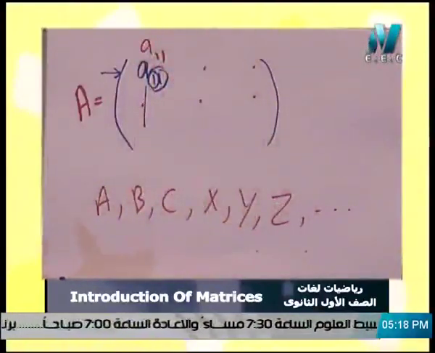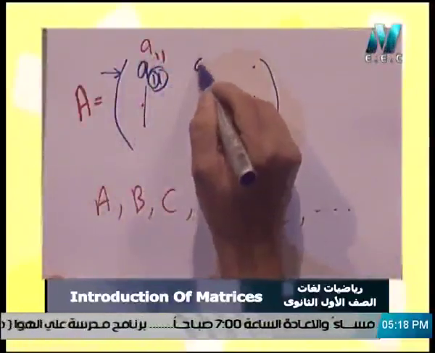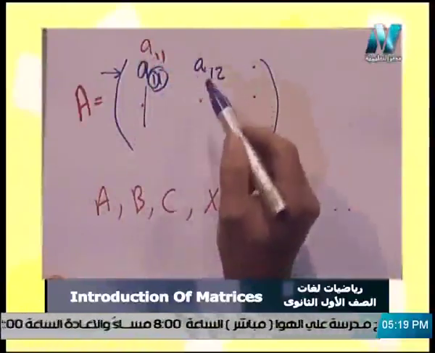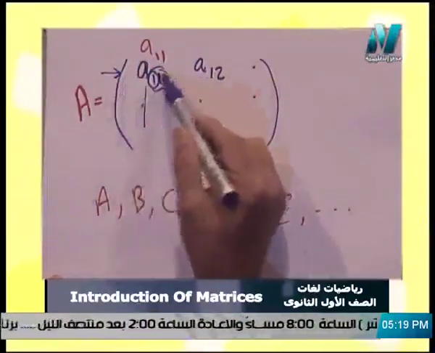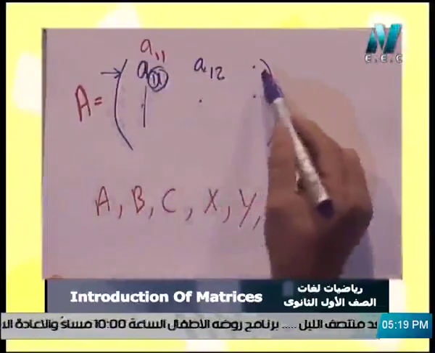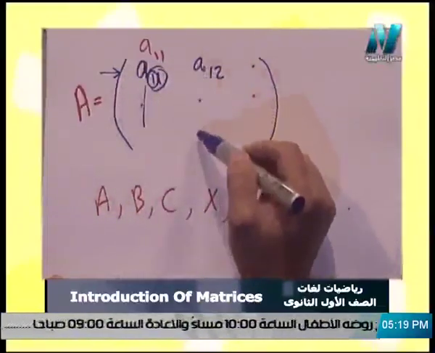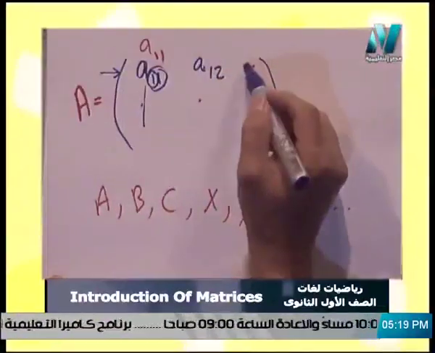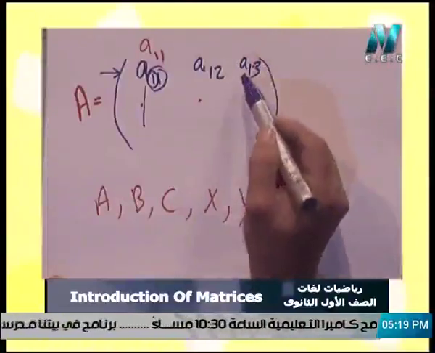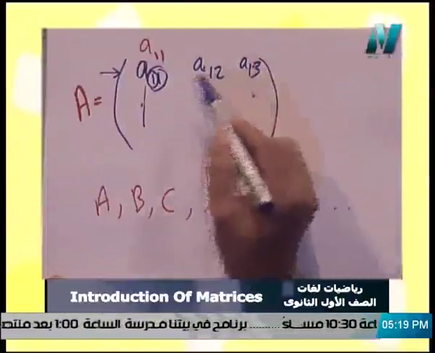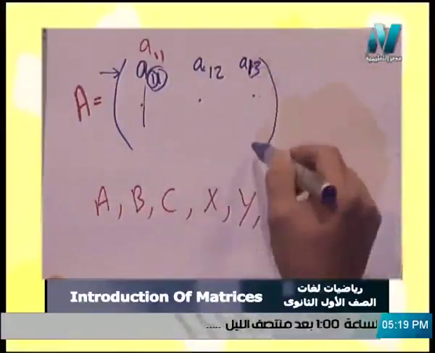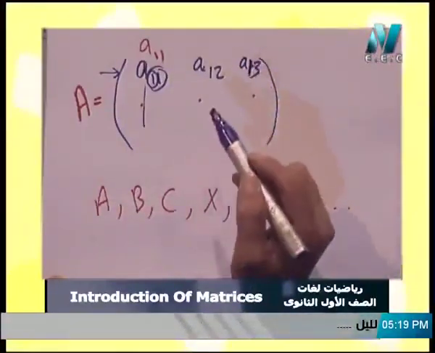The second element we call A12. Why 12? Because it lies in row number 1 and column number 2. This element will be A13. It lies in the first row, row number 1, and the third column, column number 3.